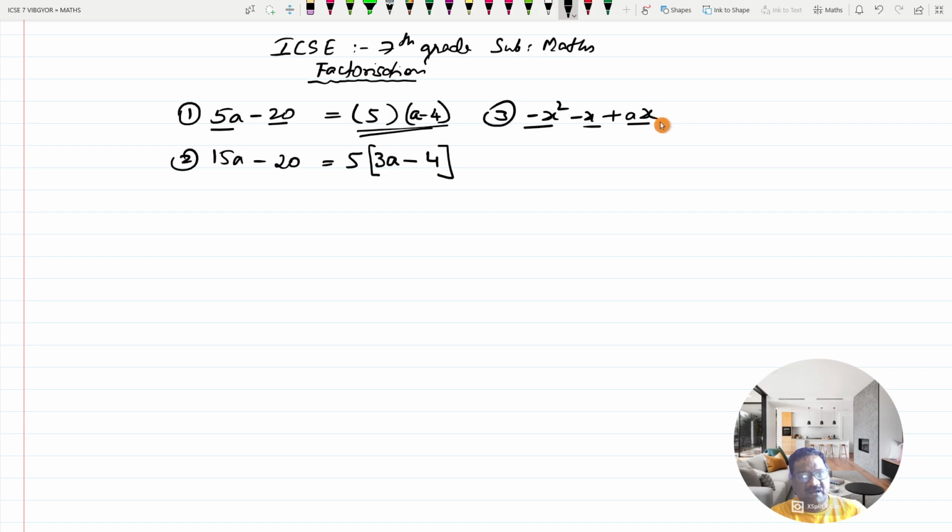Now you will have to see numbers also, and you will have to see the variables also. Now here the coefficient of the first two terms is 1 only. Here there is a 1. Here there is a 1. Here the coefficient of x is a. So in terms of numbers, in terms of coefficients, nothing is common from these three.